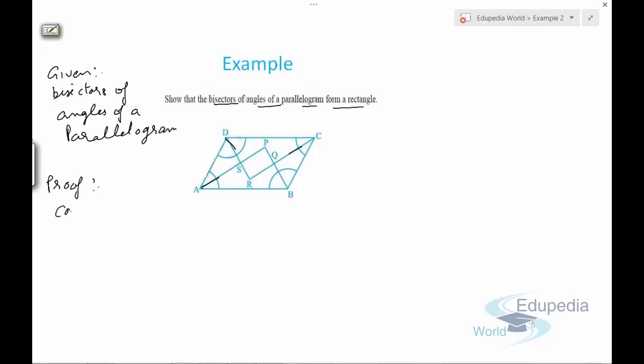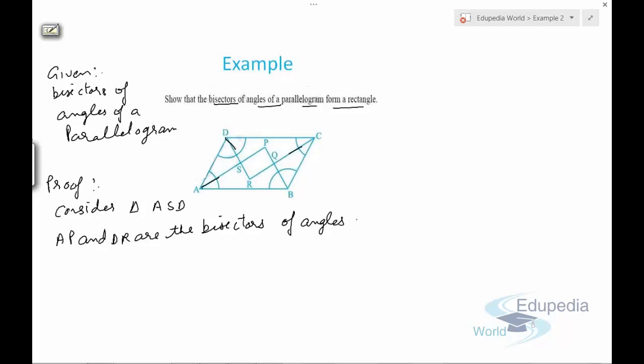Now, let's consider triangle ASD first. In triangle ASD, we can say that AP and DR are the bisectors of angle A and angle D respectively, right?